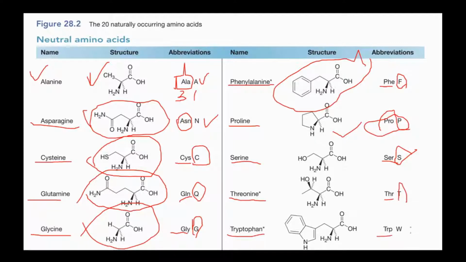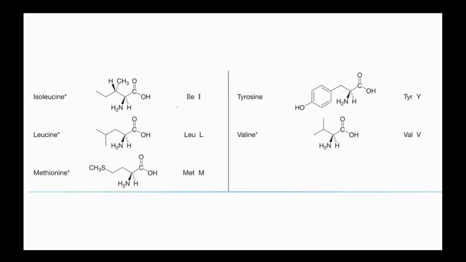Tryptophan, TRP, W is the 1-letter code. Isoleucine, ILE, I is the code. Leucine, LEU, L is the code. Methionine, MET, M is the code. Tyrosine, TYR, Y is the code. Valine, VAL, V is the code.